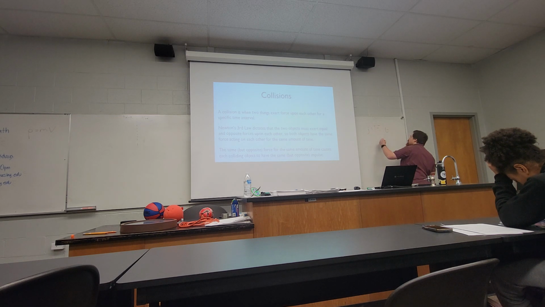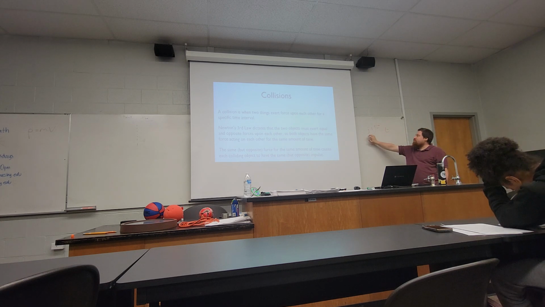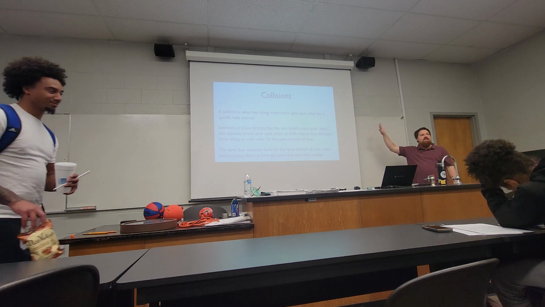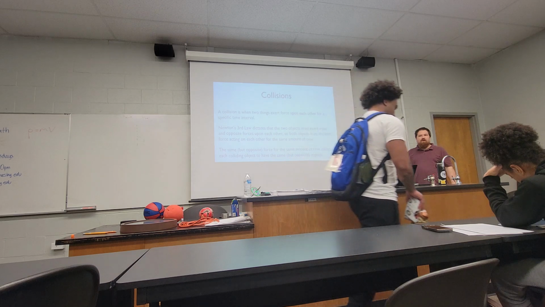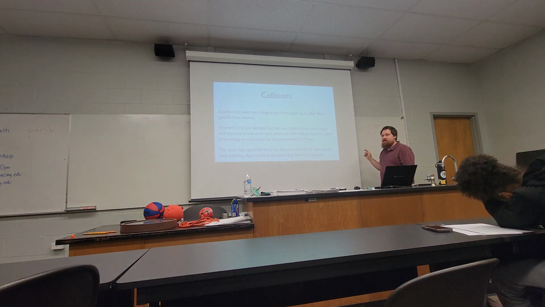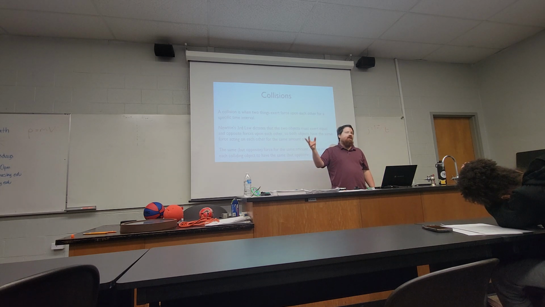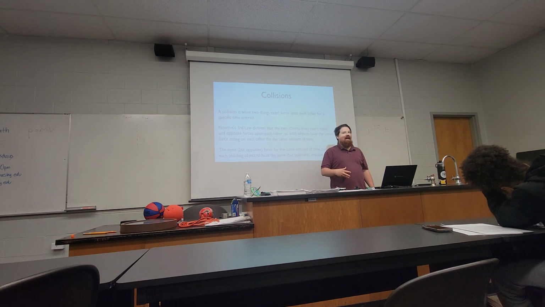That was one of the formulas for impulse that we looked at. And since two objects involved in a collision exert equal but opposite forces on each other for the same amount of time, two objects involved in a collision must undergo equal but opposite impulses. This implies that within a collision, however much momentum one object loses, another object must gain.